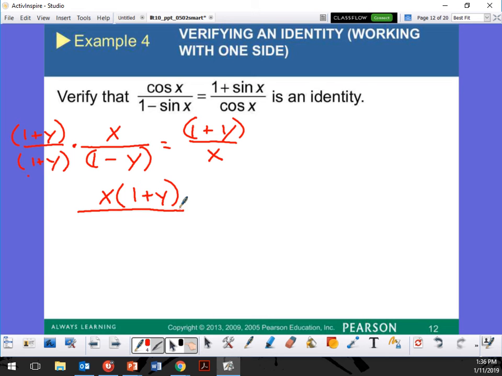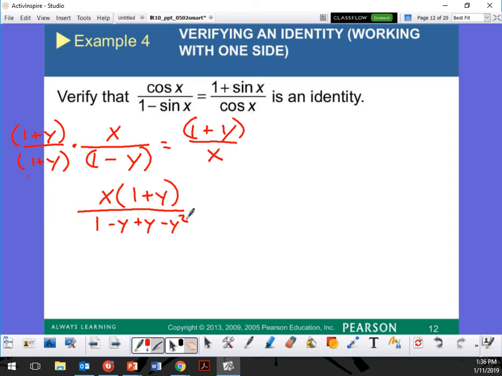Watch this. So now let's go through and do my distribution, my FOIL, right? So first, 1 times 1 is? 1. Okay. 1 times y, there's my outer, or 1 times negative y. Negative y. Now, y times 1, y, so it's plus y, and positive y times negative y, y squared. Minus y squared.